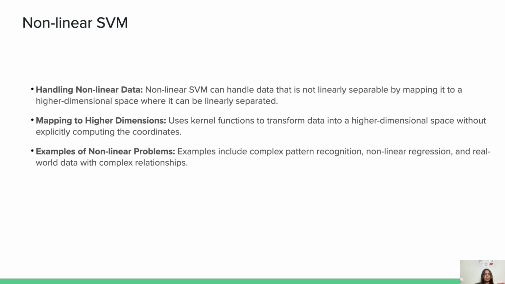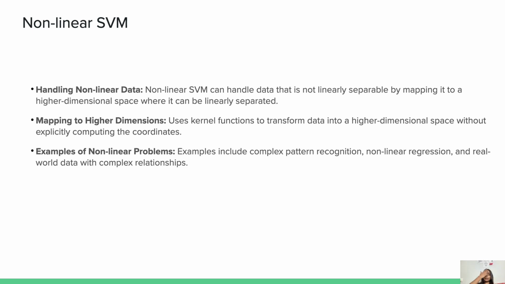So now coming to non-linear data. Handling non-linear data. SVM can handle data that is not linearly separable by mapping it to a higher dimensional space where it can be linearly separated.